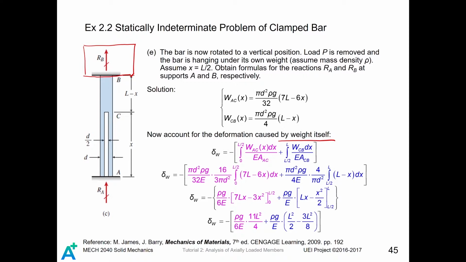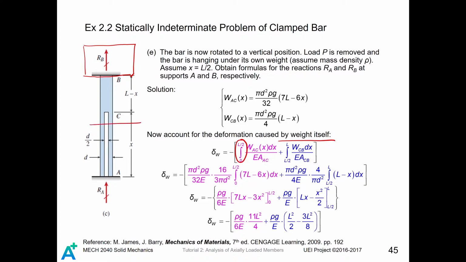Now we will account for the deformation caused by weight itself. That is, without RB, the bar will become shortened by its own weight. So what is its magnitude? We need to calculate it. Notice that the deformation caused by the weight is negative, and it is the negative of the integral of the compressive load dx over the Young's modulus times the cross-sectional area of AC, for 0 to L over 2.